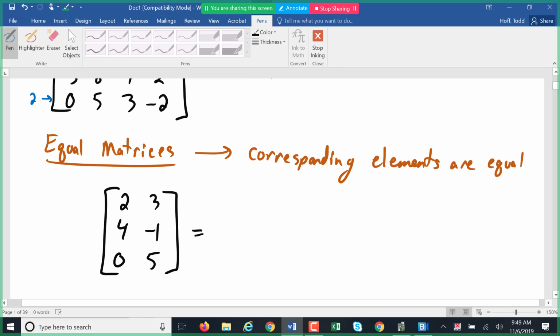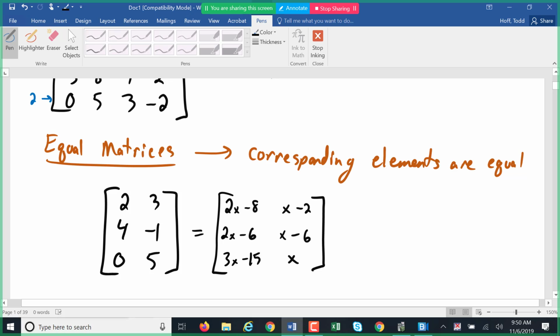For that to be equated to another matrix, like this, every element has to be equivalent.